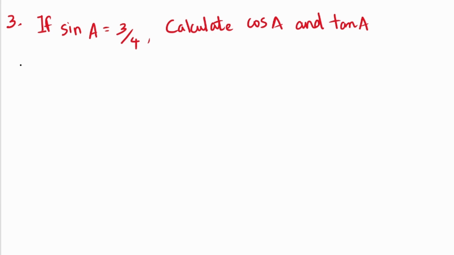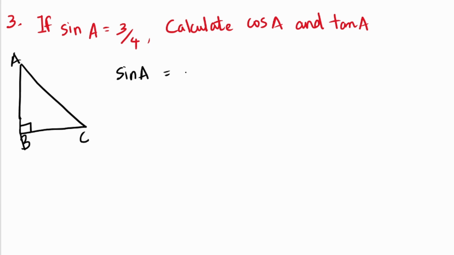So let us draw a triangle first. Put A, B, C. Sin A is opposite by hypotenuse. Here with respect to A, the opposite side is BC.